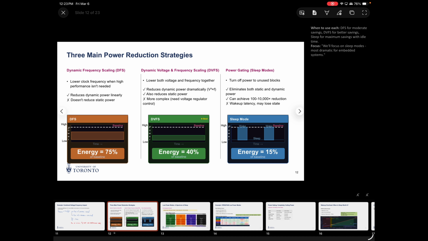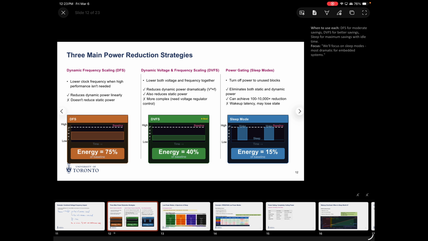Now we are thinking, okay, we have to have strategies to optimize the power, to reduce the power as much as we can at different places. The first one that we talked about was dynamic frequency scaling, which was basically, if you don't need a fast frequency, then you can reduce the power by using a lower frequency.